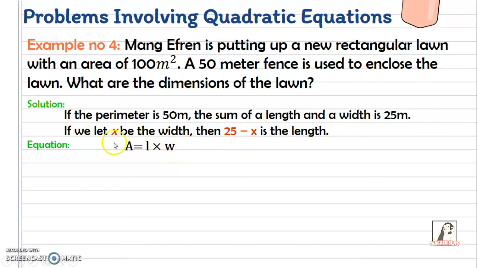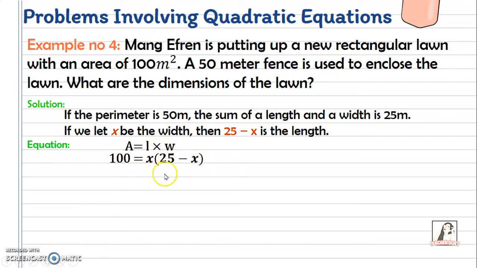Substitute lang natin yung mga nakuha nating representation kanina. So, A is equal to 100 and length is equal to 25 minus x and width is equal to x. So, we have 100 equals x times 25 minus x.